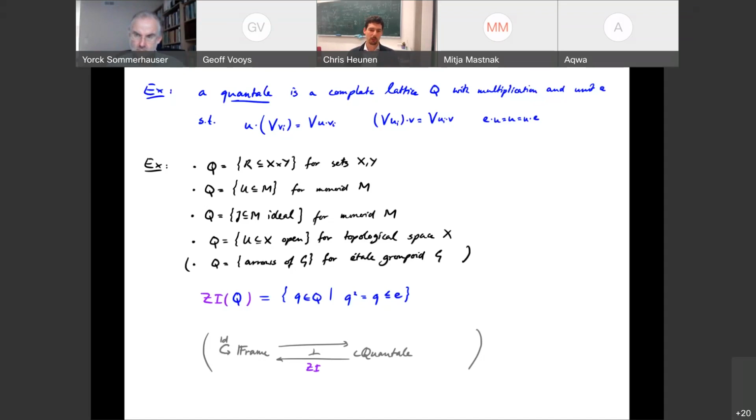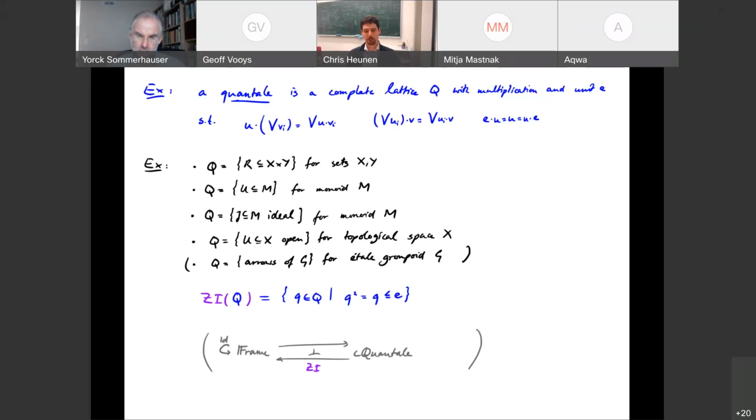Another thing I could do is, if you start with a monoid, so something that already has a multiplication, I can look at subsets of that monoid and lift the multiplication to subsets. But now I can also have unions of subsets of that monoid, so I will get a quantale. Or I don't have to take all subsets. I can start with a monoid and look at all the ideals in it. Then you can still take the join of ideals and get another ideal, and you can still multiply them.